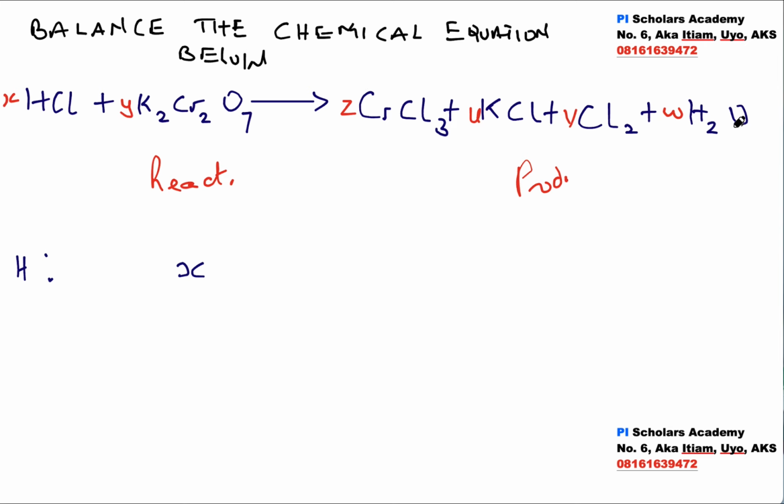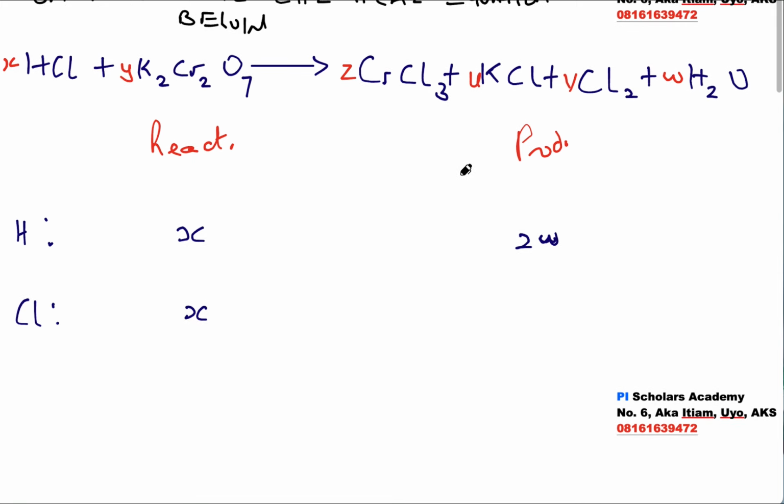Now let's go to the product side. We have H here. Of course, there is W behind it, but there's also a subscript of 2, which makes it a total of 2W. The next is chlorine. For chlorine, we have X on this side. On the product side, it's in 3 places.